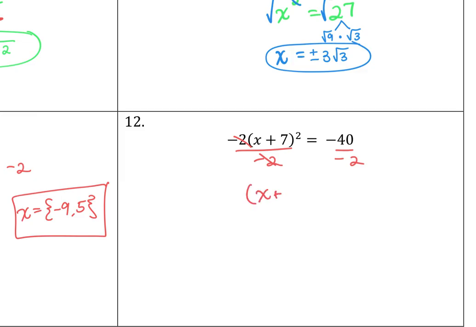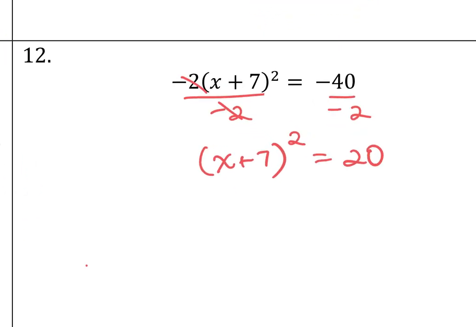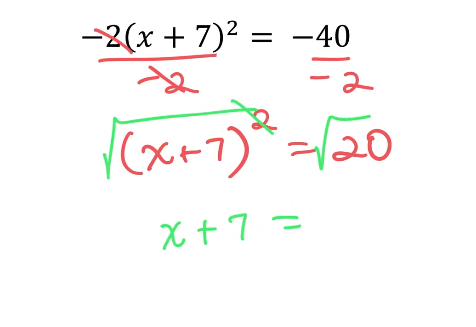Then we've got x plus 7 squared is equal to 20. Now we can do the inverse of squaring something, which is taking the square root. So that I'm just left with what's inside the grouping symbol, which is x plus 7. 20 is not a perfect square, but we can simplify it because it's divisible by what? 4.